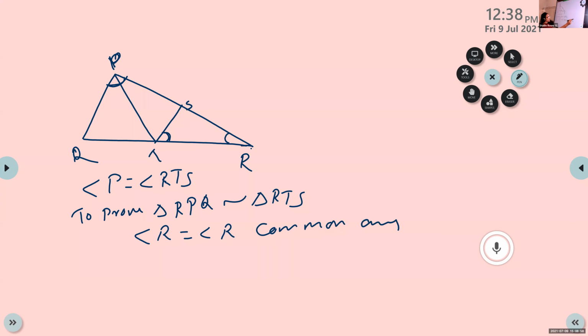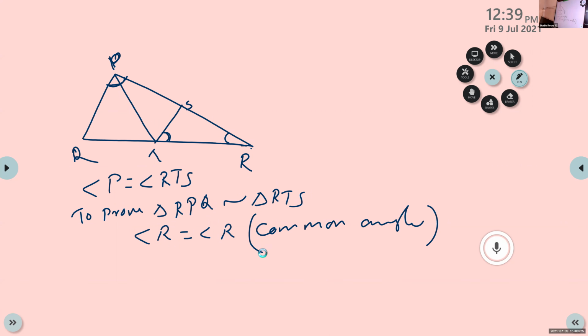Then anything else? Anything else? R is common. Then nothing. One angle is okay.